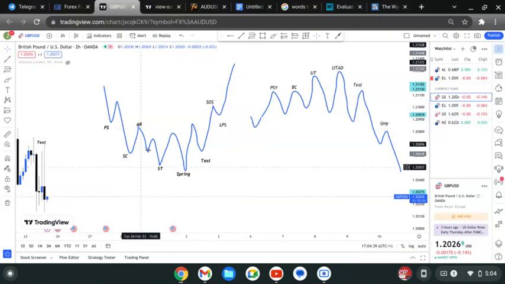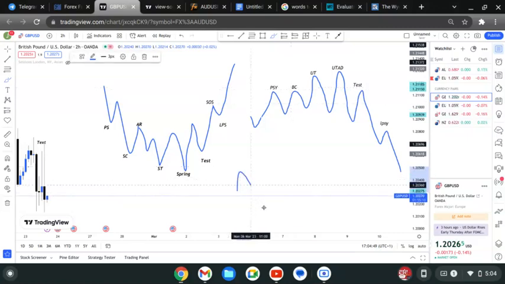And when they buy at this point, it creates a consolidation. And a consolidation also creates liquidity on both sides. We see here, for example, this is price consolidating.